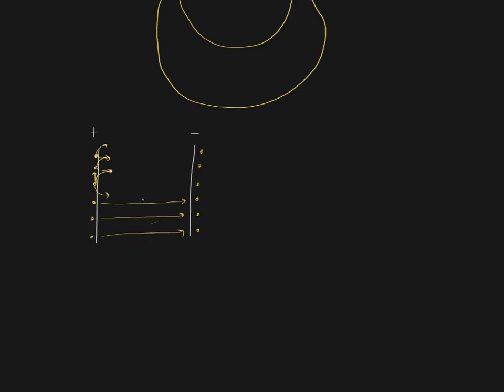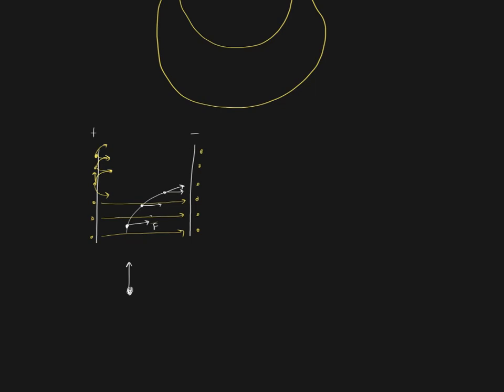Now, let's revisit this idea of what happens to charge which is inserted into this electric field, this external electric field. So if I have a positive charge which is moving in this direction, it's going to follow a path which is parabolic towards this negative plate. And the reason for that is it's going to feel a force that is constant in magnitude and always in the same direction.